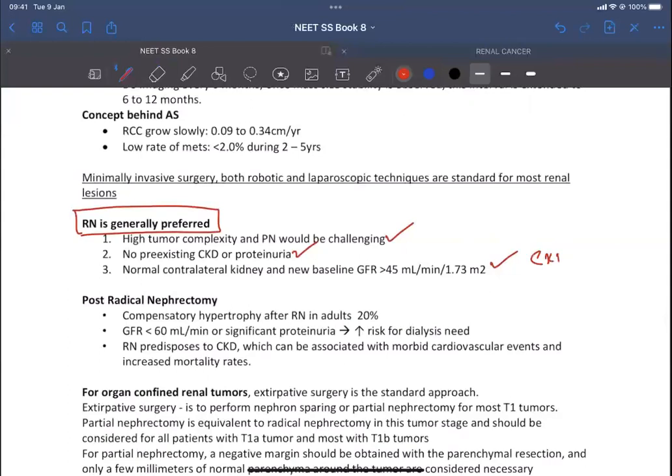So essentially, they will be CKD 3B once you perform a radical nephrectomy. After radical nephrectomy, there is a compensatory hypertrophy. There will be a drop in GFR with proteinuria, which can also cause an increase in cardiovascular events and mortality rates.